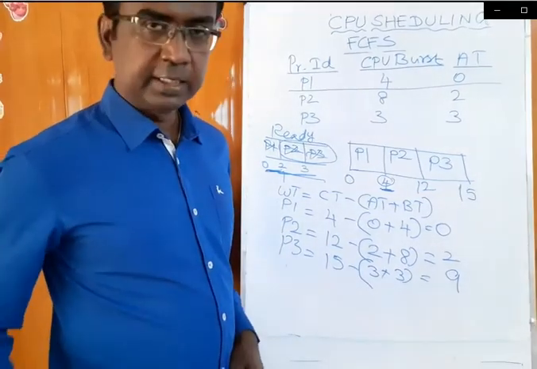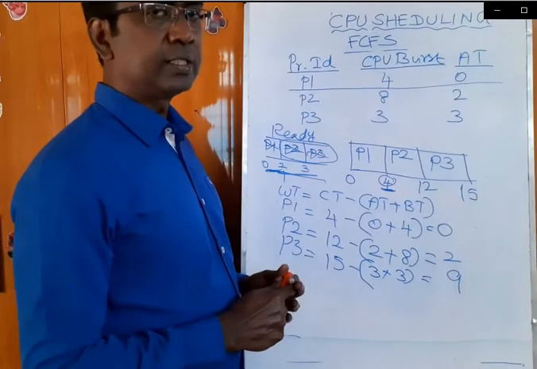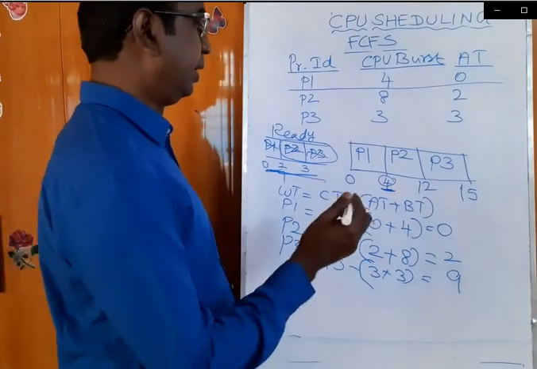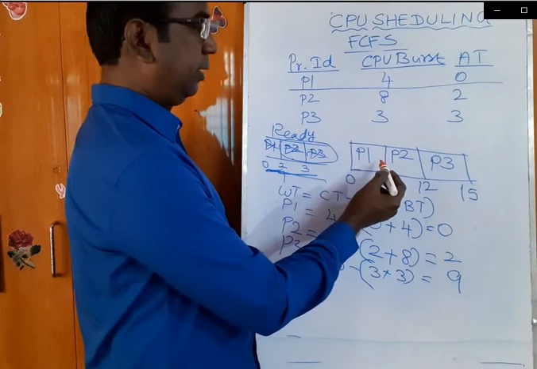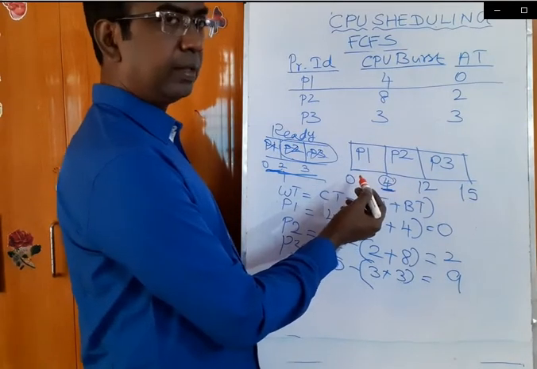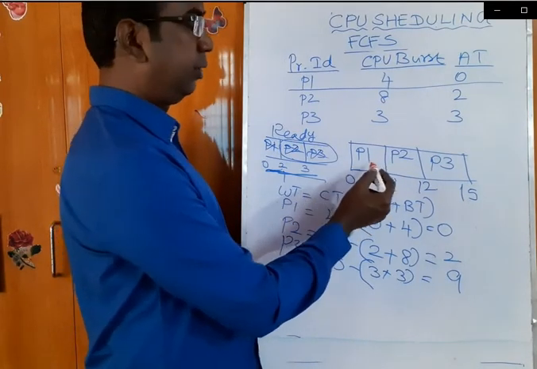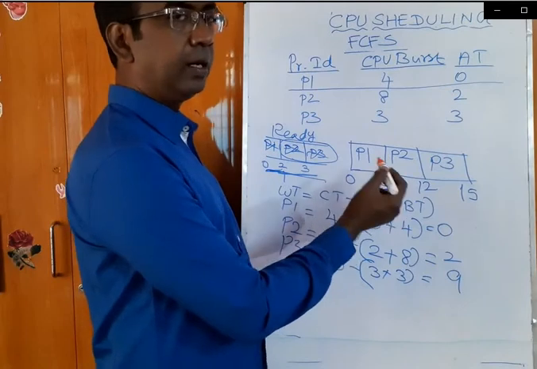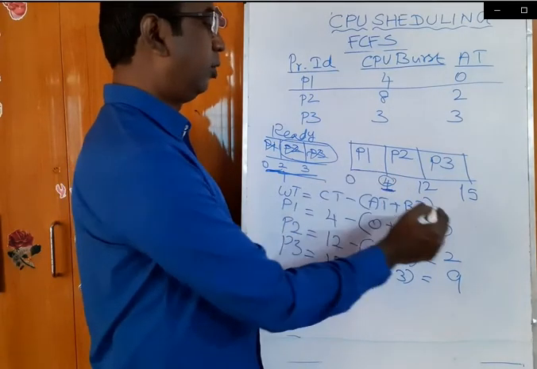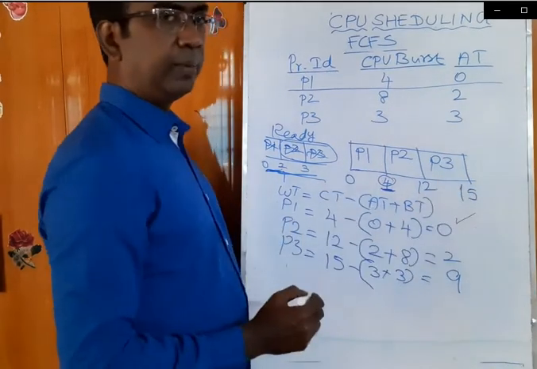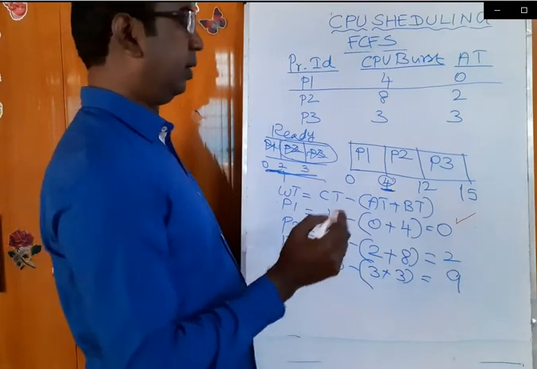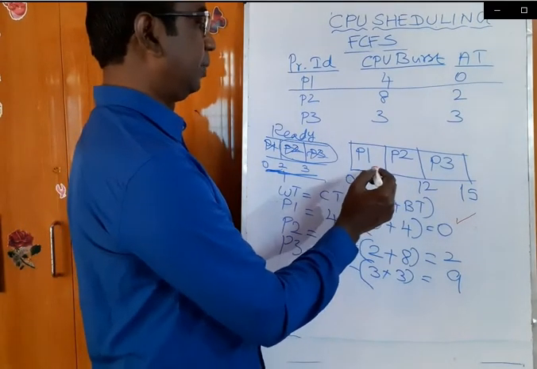Now let us see logically, according to our previous example, how to calculate the waiting time concept-wise. See, P1 enters the ready queue and immediately gets the CPU. So P1's waiting time is 0, there is no problem. Listen carefully.